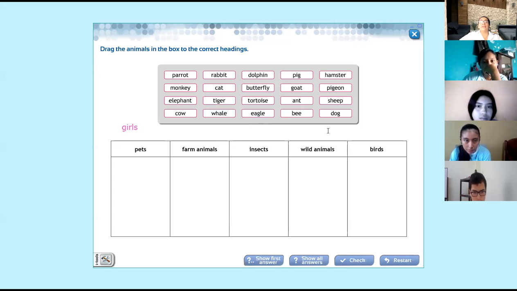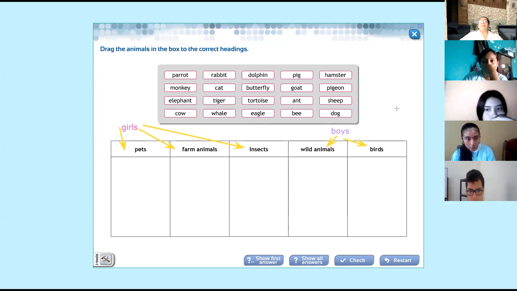The girls: pets, farm animals, and insects. Boys: wild animals and birds. Girls group, boys group, use the annotate bar now, quickly. Classify the animals. 1, 2, 3, start.